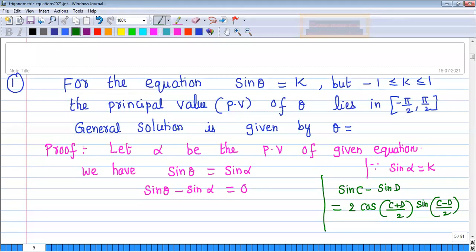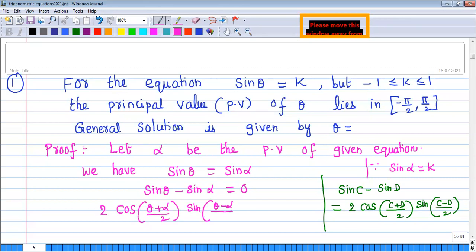Now what is the left hand side? 2 cos of theta plus alpha by 2 multiplied with sin of theta minus alpha by 2 is equal to 0.